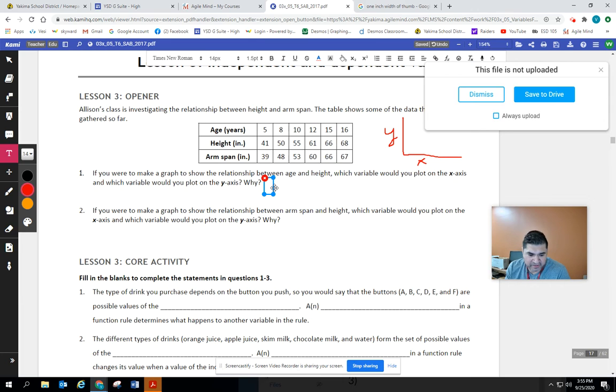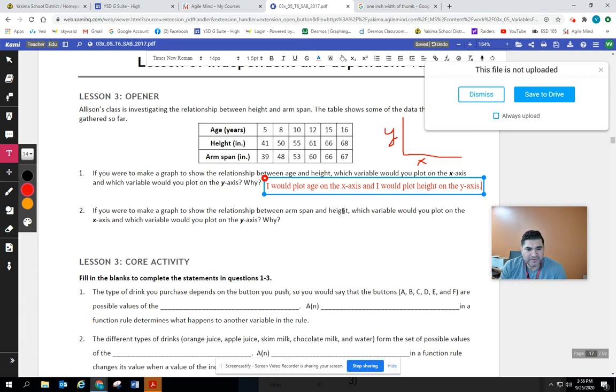So for this, I would plot age on the x-axis, and I'm talking about age and height, so this would be our height, and I would plot height on the y-axis.